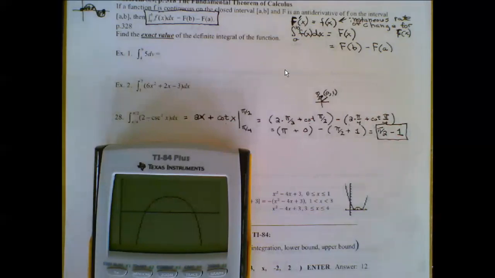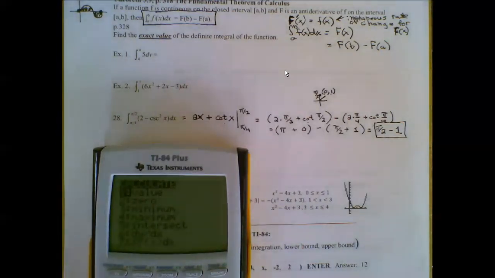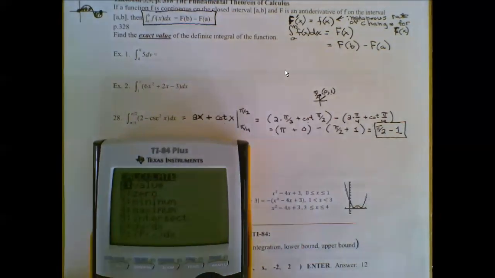All right, coolest thing ever, if I remember where it is on my calculator. Second and calc, and number 7 is the integral sign, the integral of f of x dx.